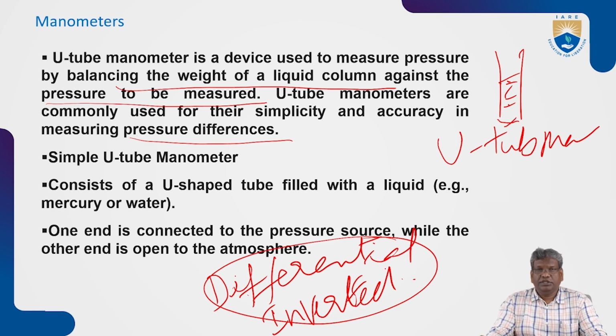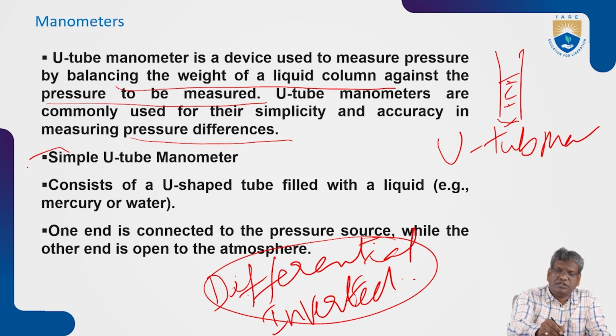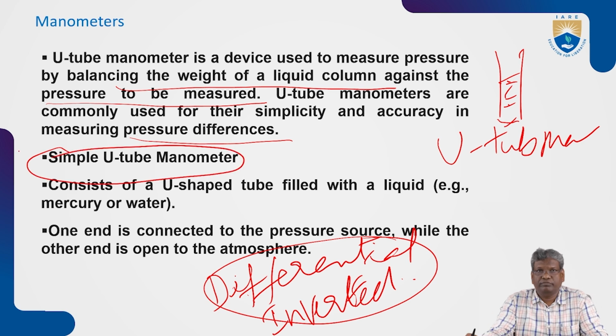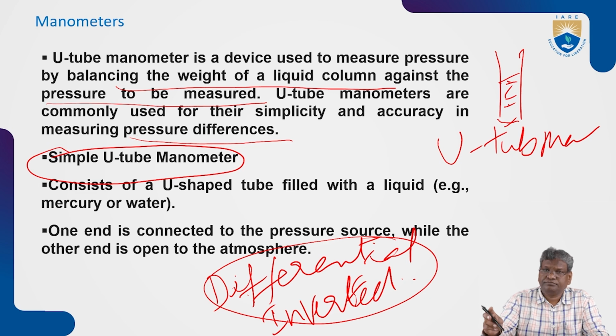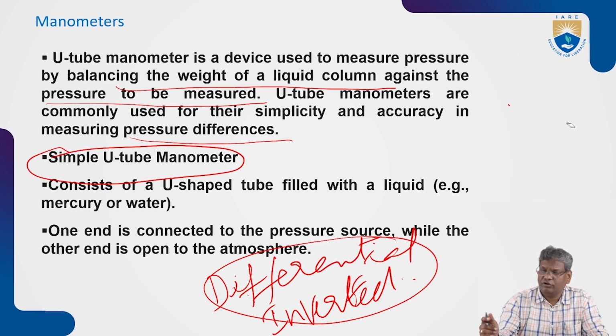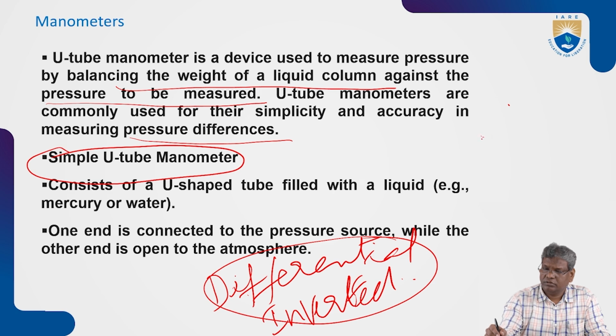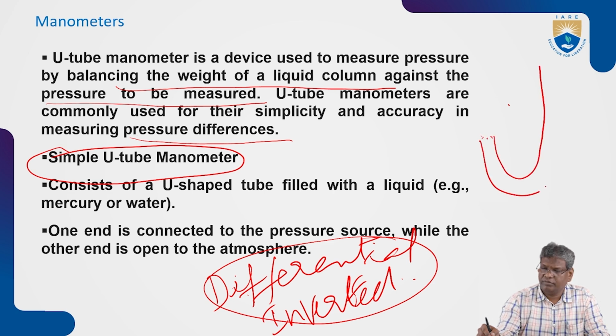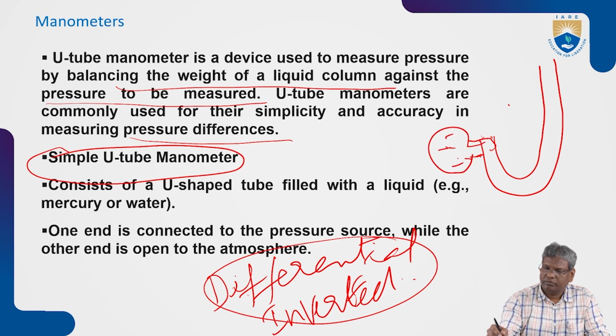Then what are the different types of manometers? First one is the simple manometer. A simple manometer consists of a U-shaped tube filled with a liquid. This simple U-tube manometer can be connected at any point where we want to measure the pressure.